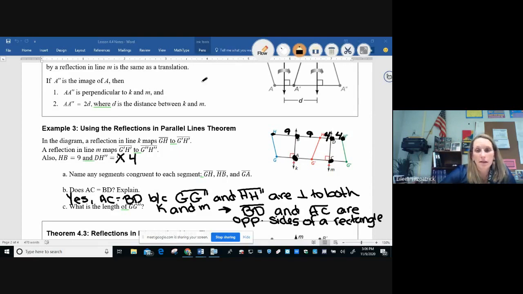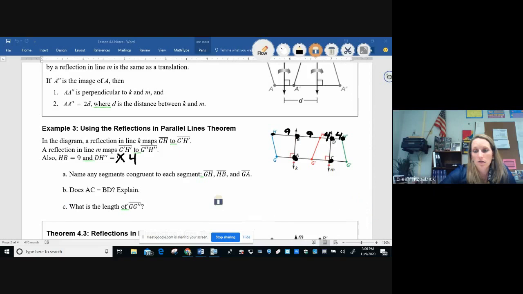And then finally, the last question from this part says, what is the length of G double prime? So from G to G double prime, what is the length of that segment there? Take a minute and think.